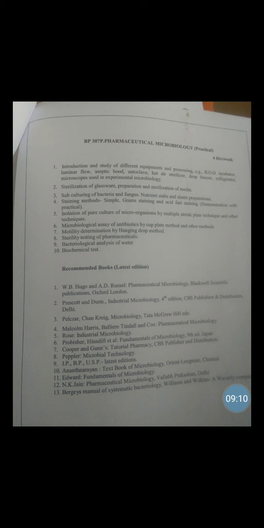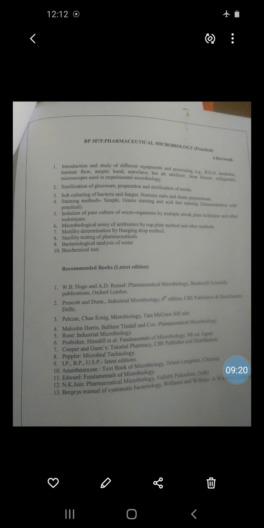Then the third zone is prepared using the second zone, while the fourth zone is prepared with the help of the third zone. Finally, sterilize the wire loop. Different techniques of streaking may be performed on different petri plates using the same inoculum, and incubate the petri plates. So this is the procedure.